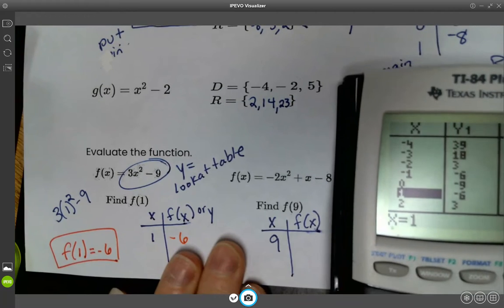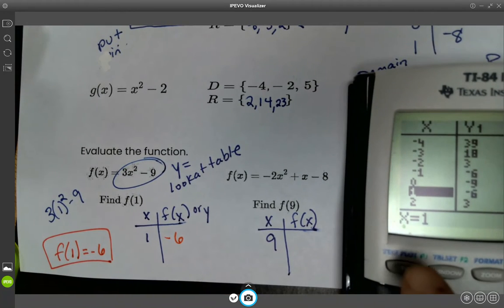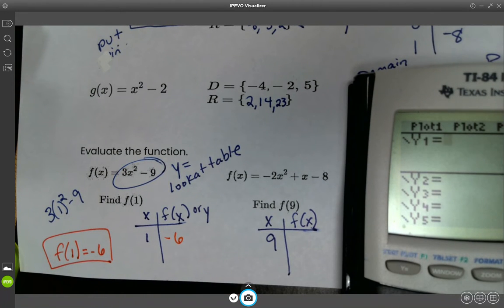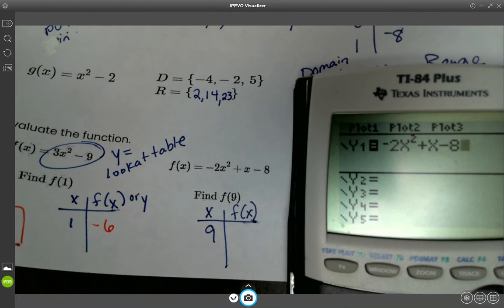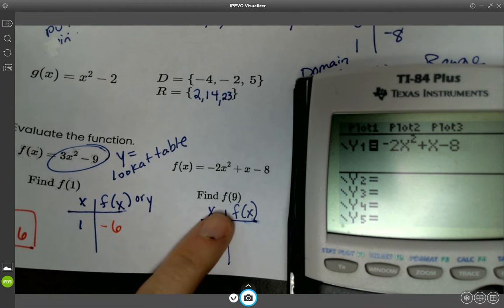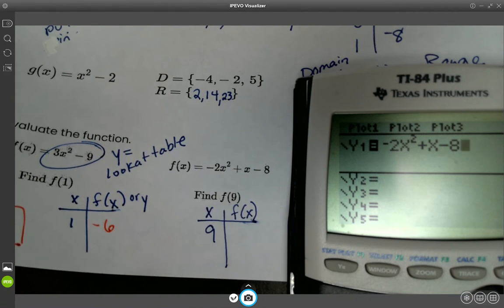The next one was a little bit longer. Go to y equals, clear out what's there. Negative 2x squared plus x minus 8. Make sure you're practicing this with me. Then we're going to go to second graph and look where x is 9 because it says what is f of 9.